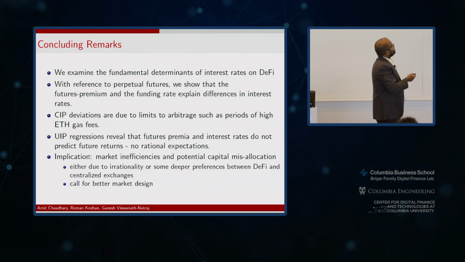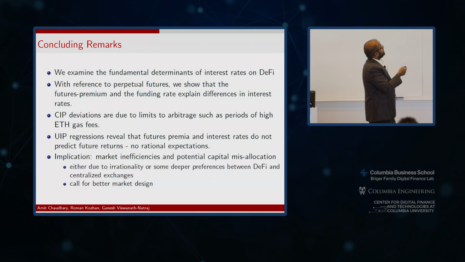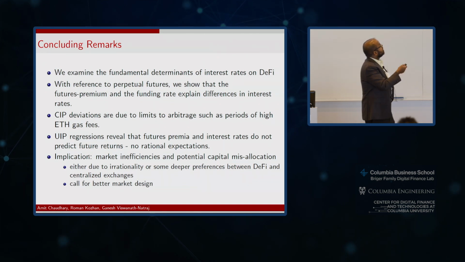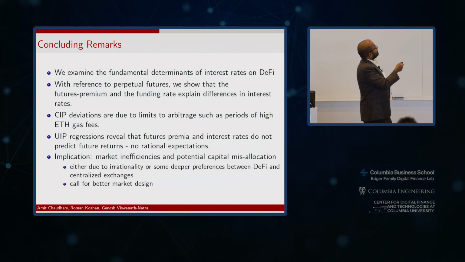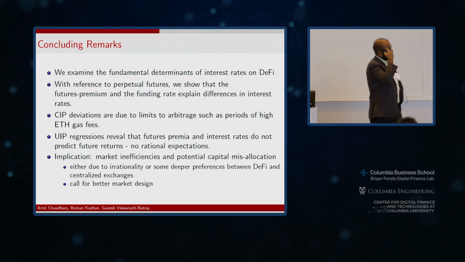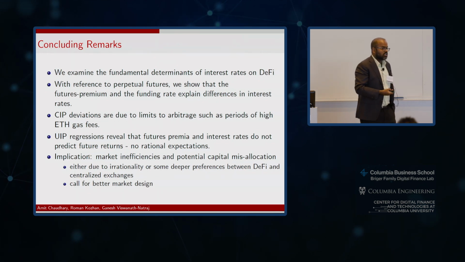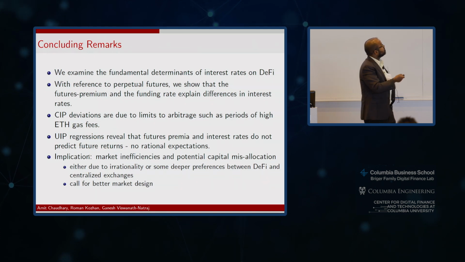Okay, so to conclude, we looked at the determinants of interest rates on lending protocols. We showed that there is integration between the markets, so there is this relationship between the futures premium and interest rates. CIP deviations are generally due to limits to arbitrage, so it's difficult to execute arbitrage when you have high transaction costs.